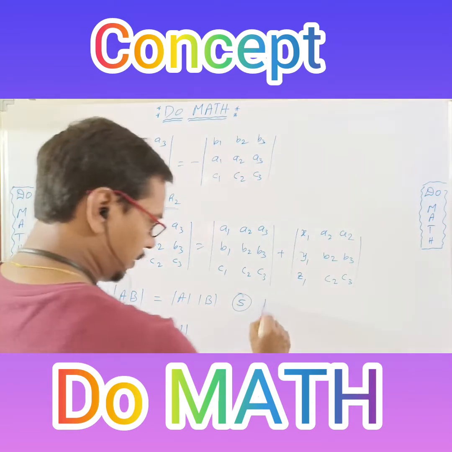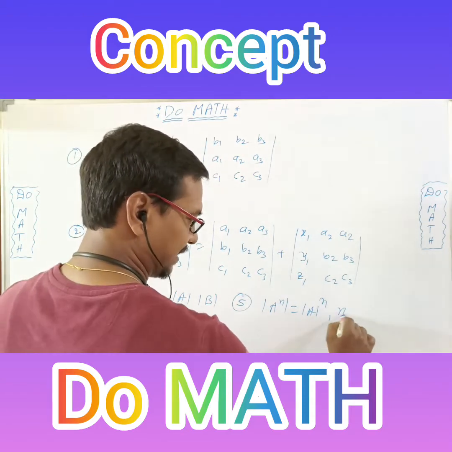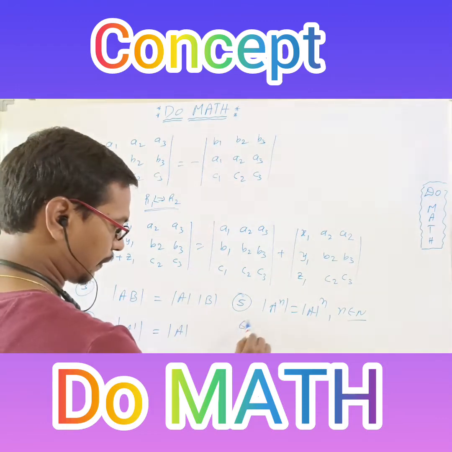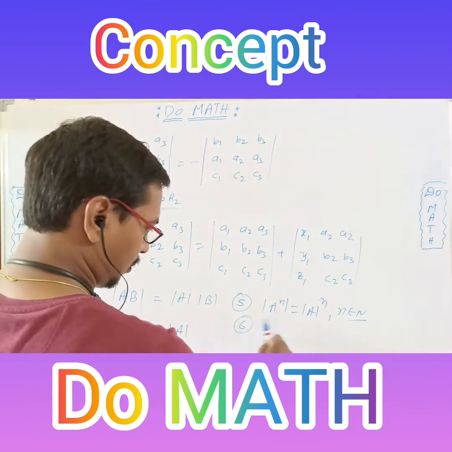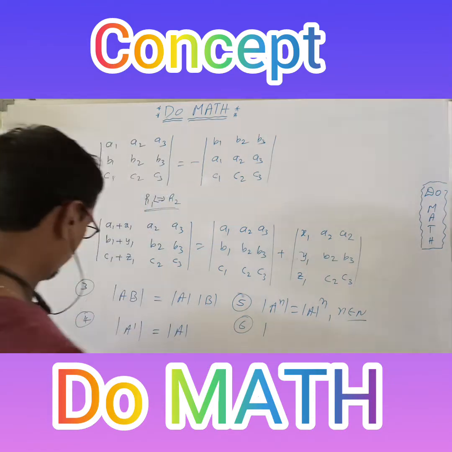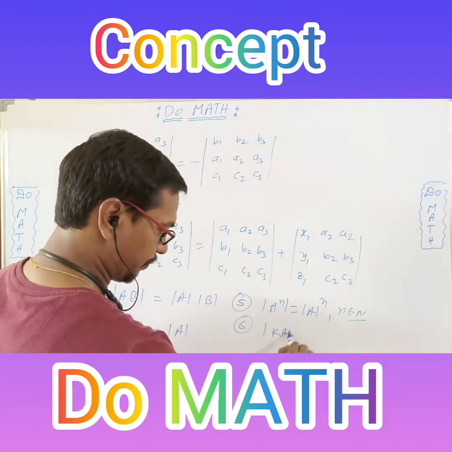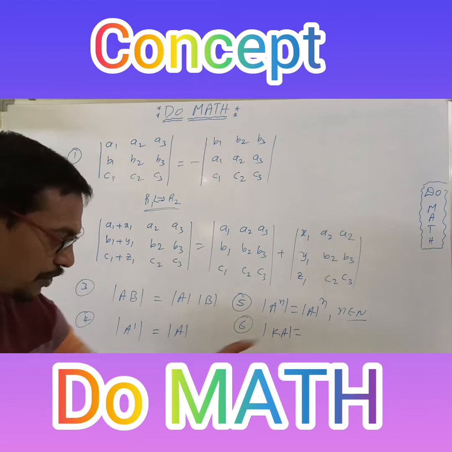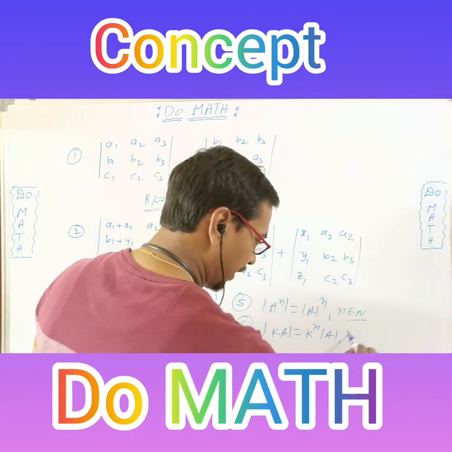And determinant of A power n equals det A power n, where n is a natural number or positive integer. And the determinant of kA, that means scalar multiplication of A, is k power n into det A, where n is the order.